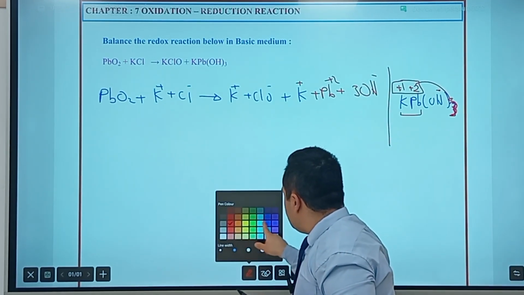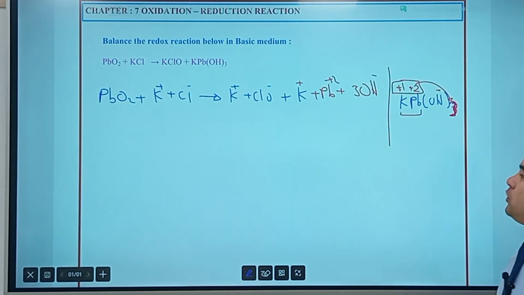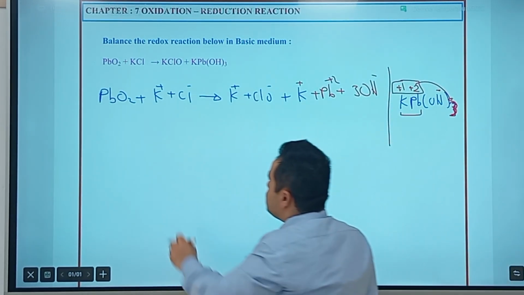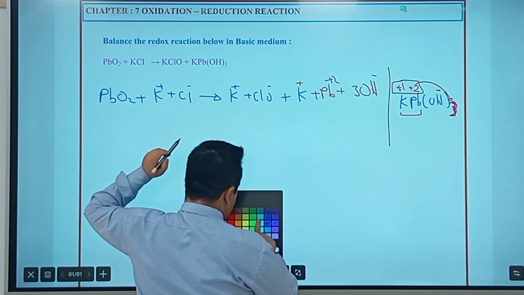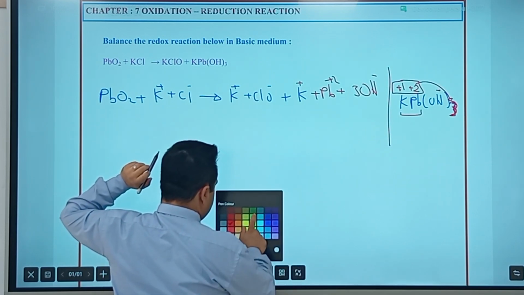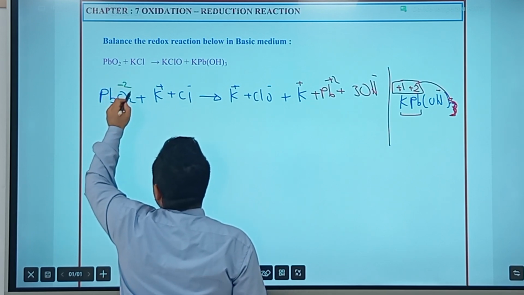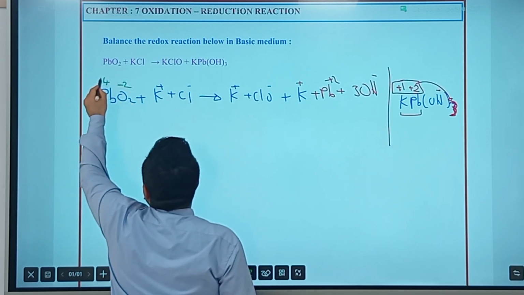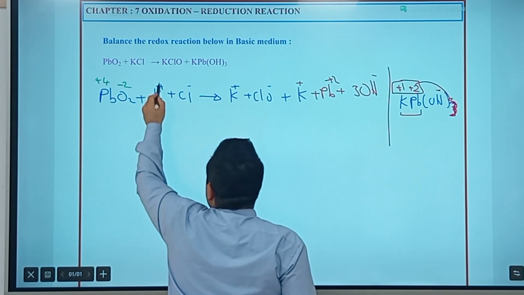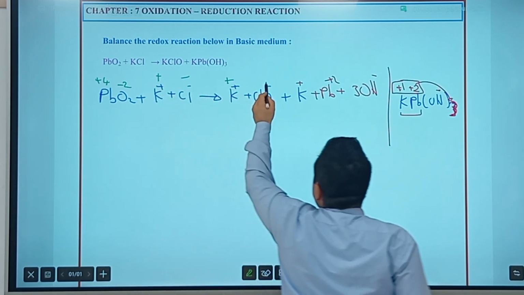Guys, the next step is to assign the oxidation numbers. Let me write in green. Oxidation number of oxygen is -2, and then Pb becomes 4. K is positive 1, negative 1, positive 1.